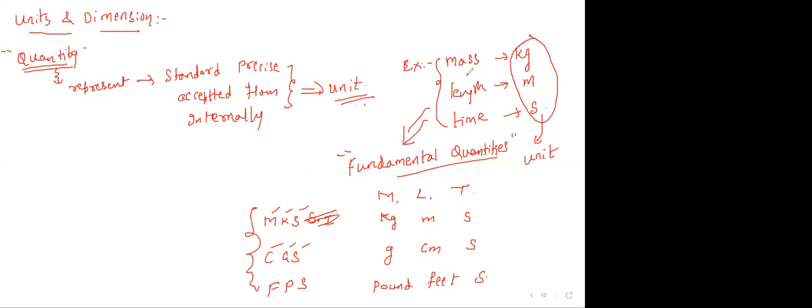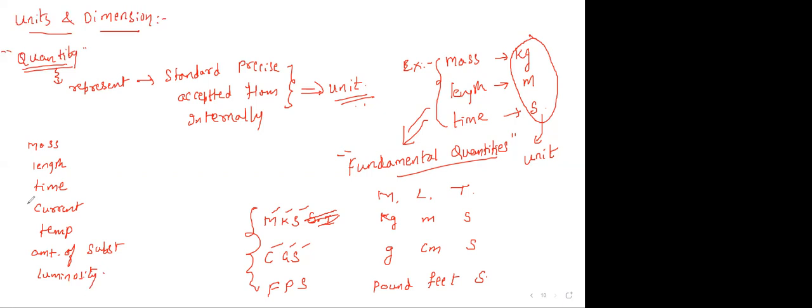After introducing these three quantities, that is mass, length, and time, they introduced some more quantities like current, temperature, amount of substance, and luminosity.